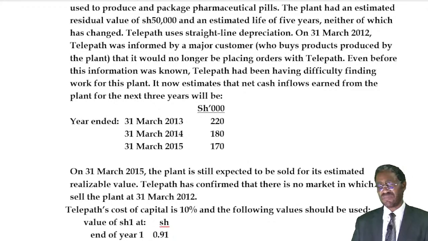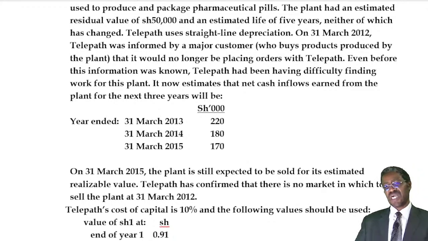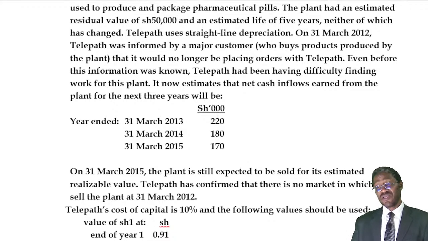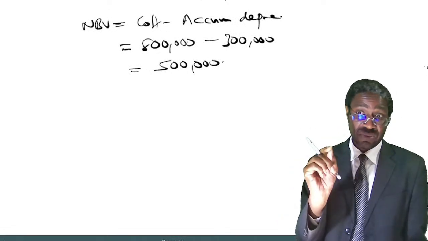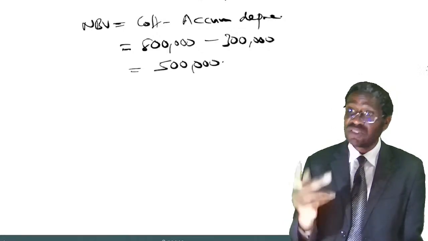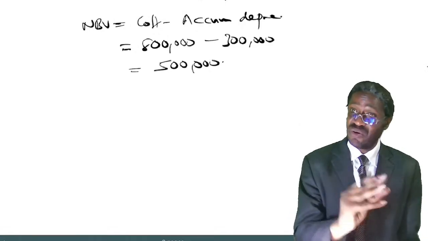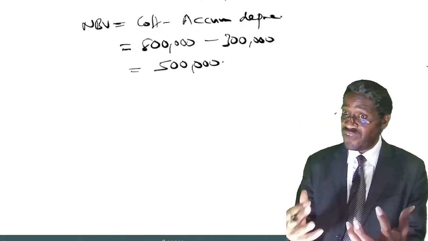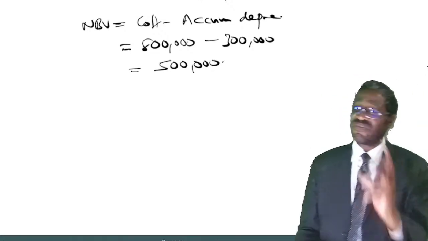Telpath has confirmed that there is no market in which to sell the plant as at 31st of March 2012. So because they can't sell the plant, it has no net realizable value. So we are only left to calculate the value in use. Then we assume the net realizable value is 0. We pick whichever of the two is higher. Good. Now let us compute what we are calling the value in use.